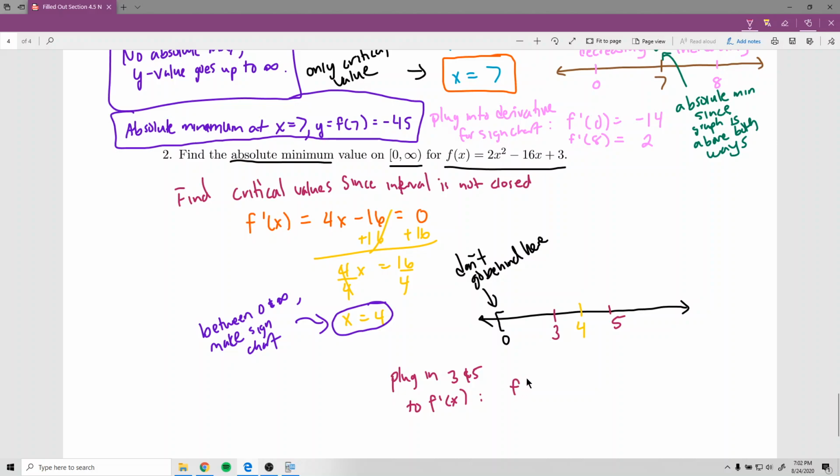Right, so we do f prime of 3. The derivative equation is 4x minus 16, so we get 4 times 3 minus 16. 4 times 3 is 12, minus 16 is negative 4. So it's decreasing, which means it's going down between 0 and 4.